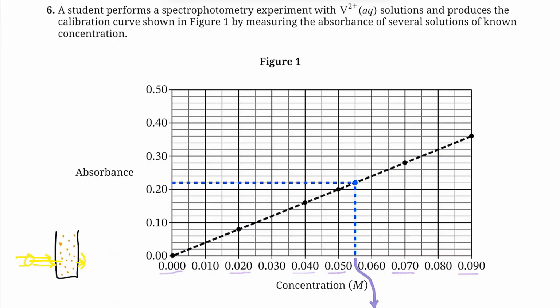So probably a better way to do that is I'm shooting light, and I have a detector here, and only some of it goes through, and that depends upon how concentrated the solution is, what the molarity is equal to.